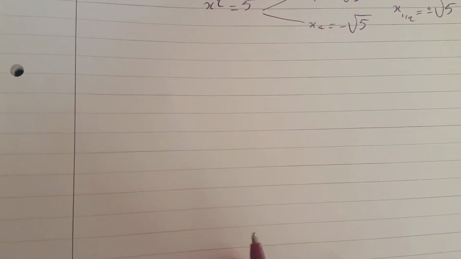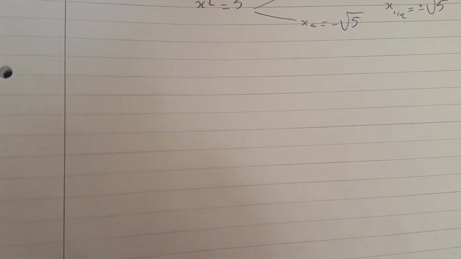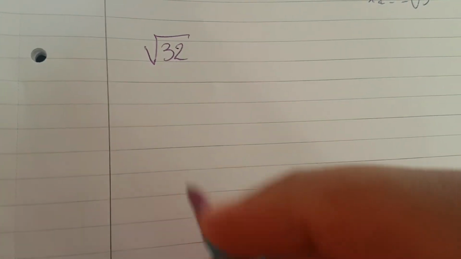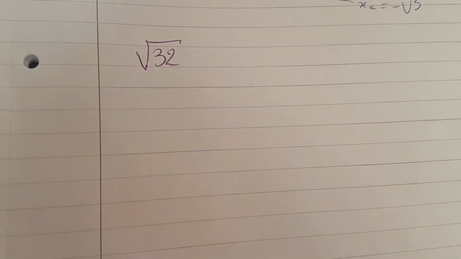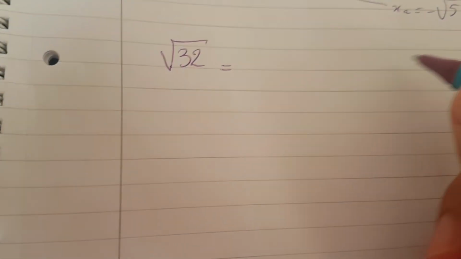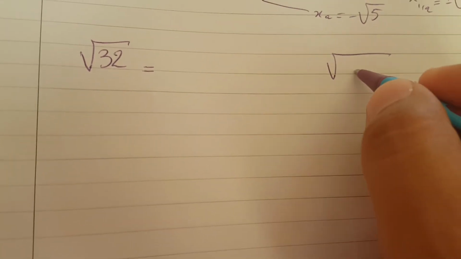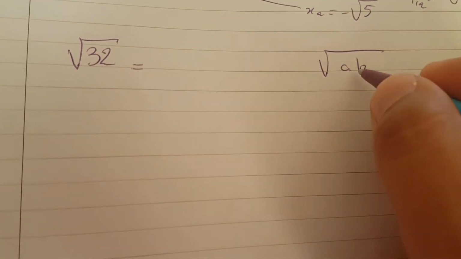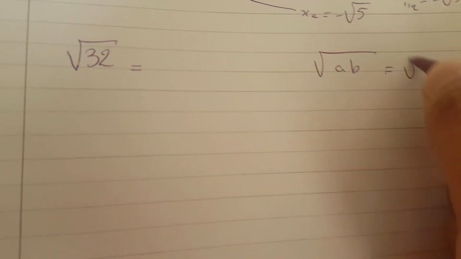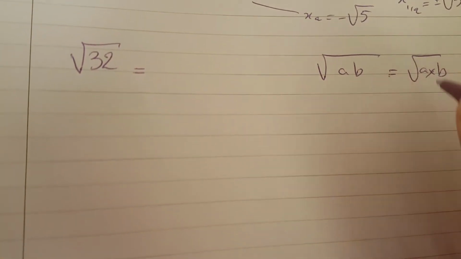So here we're going to start with some very easy examples of simplifying. For example, if they give us square root of 32 and tell us to simplify it, they don't want us to use the calculator and give the decimal answer, they just want us to simplify. So how can we simplify it? We know that square root of AB, where AB means A times B, is the same.